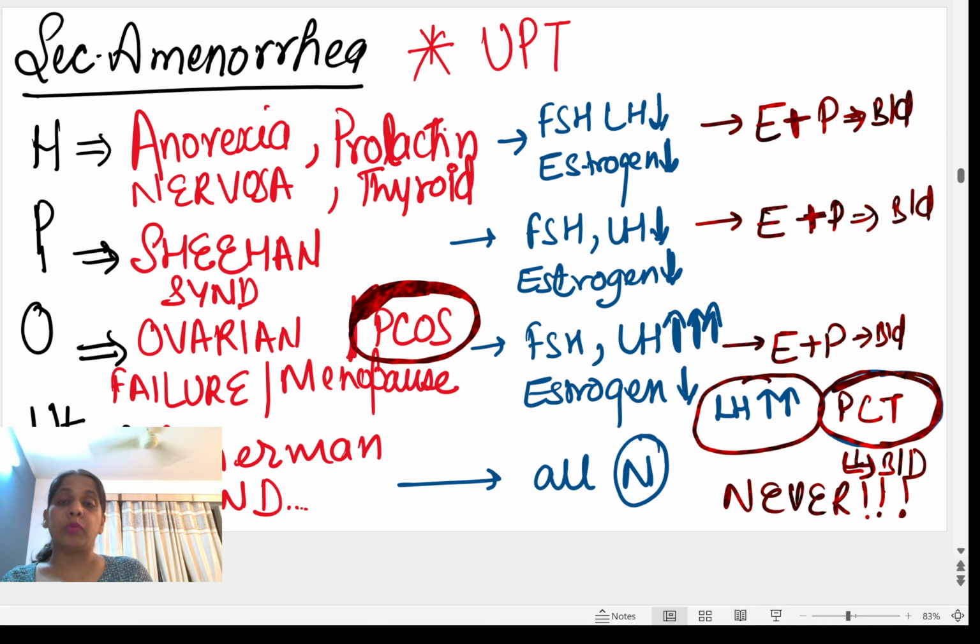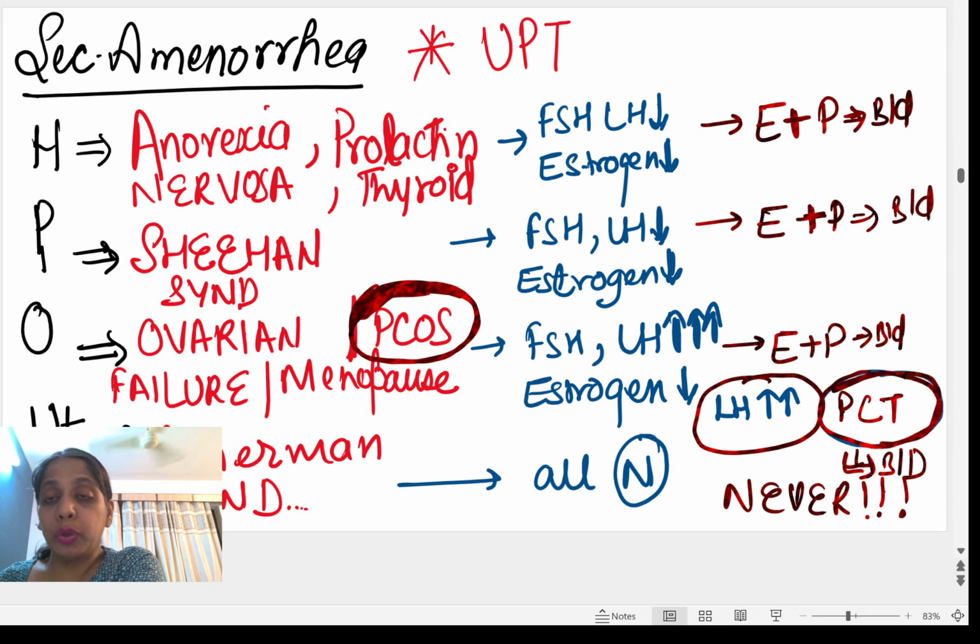In my 10 years of practice I have diagnosed 3 to 4 patients UPT positive at the age of 13 to 14. Pregnancy is one of the reasons for amenorrhea, so rule out pregnancy first. Once UPT is negative, we go to the other causes.